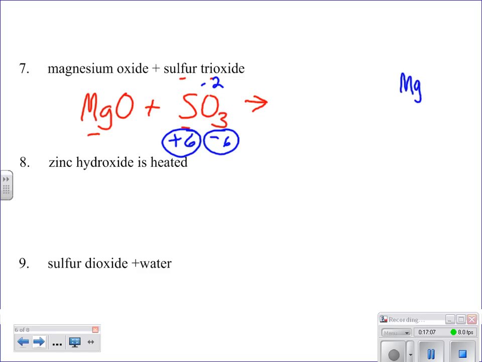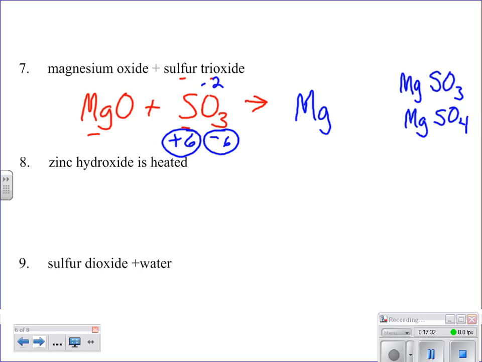So we need our sulfur to have a plus 6 charge. We know it's either going to be magnesium sulfite, plus 2 minus 2, or magnesium sulfate. Those are our possibilities for combining magnesium, oxygen, and sulfur.